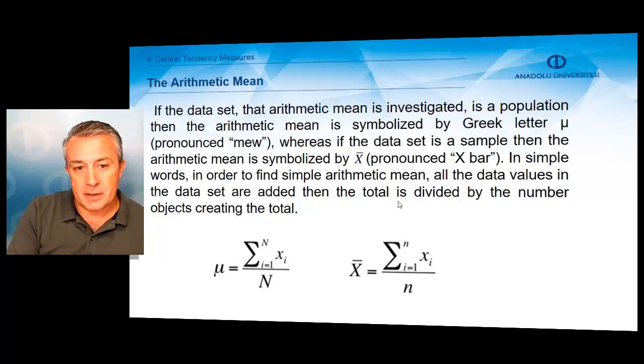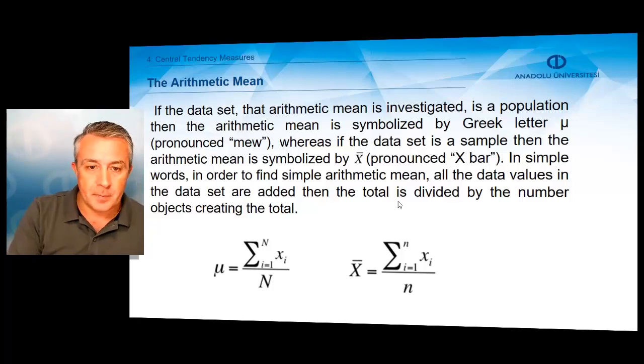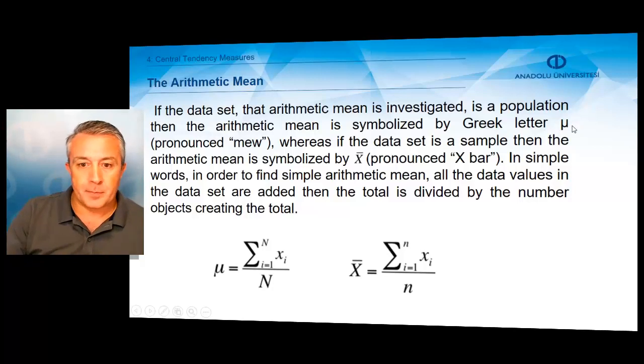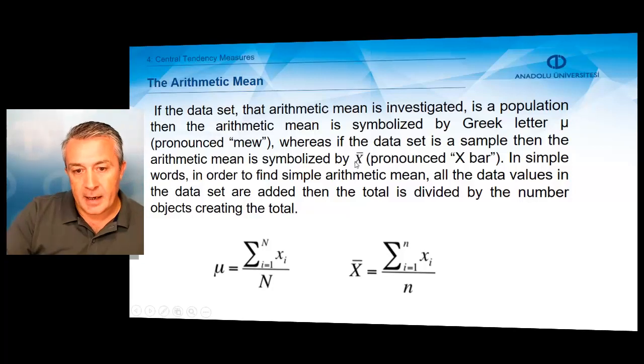In statistics, we use two symbols for it, and the first symbol is mu. When you see mu, it means you are talking about the population arithmetic mean. But we also have another symbol, which we pronounce as x bar.